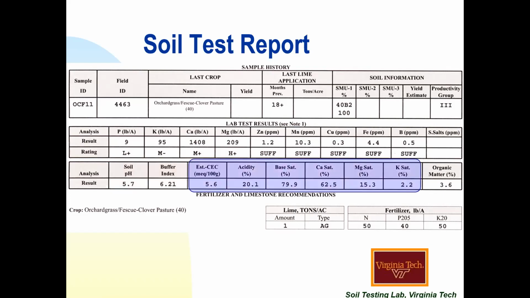So the cation exchange capacity, the estimated CEC, the CEC itself is not used in any recommendations, but generally the higher the better. We've had some questions from a lot of clientele on why our CECs are so low. People like to go on the internet and look up information, and they find CECs up around 50, and our CECs rarely get much above 10. And that's because the soils here in Virginia were never glaciated.